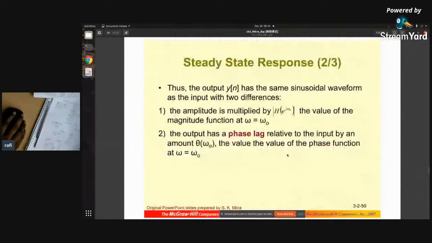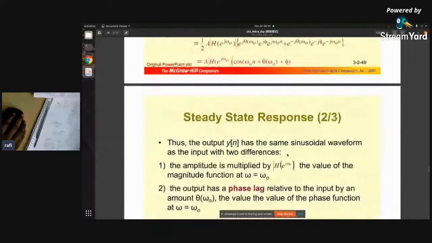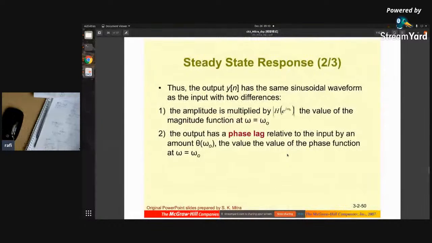Any signal can be represented as a sum of sinusoids, that we call the Fourier series. We'll see the Fourier series in the discrete time domain, how it is defined.